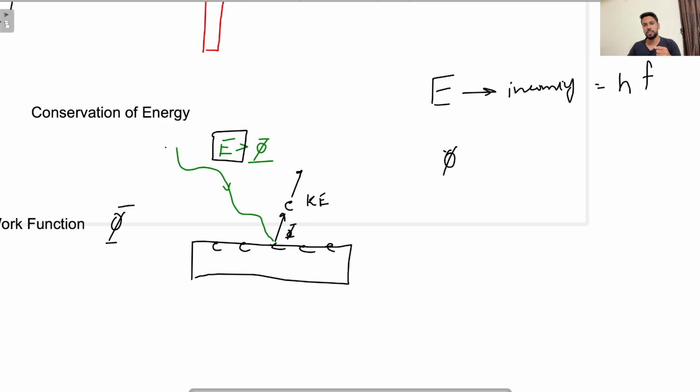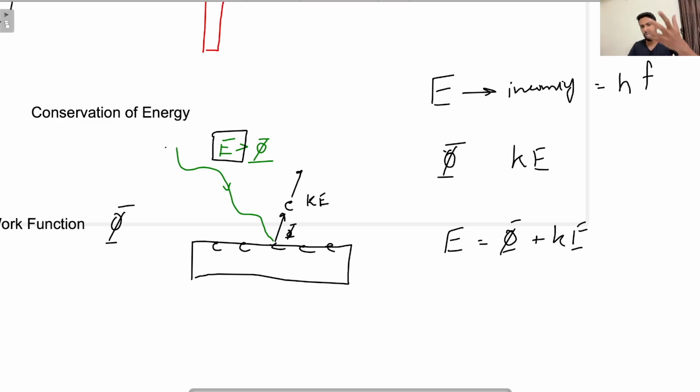One is the work function, and the other is the kinetic energy used by the electron. One to come out of the metal, the other to run away from the metal. So according to conservation of energy, the incoming energy should be the outgoing energy. So the incoming energy is equal to work function plus kinetic energy.